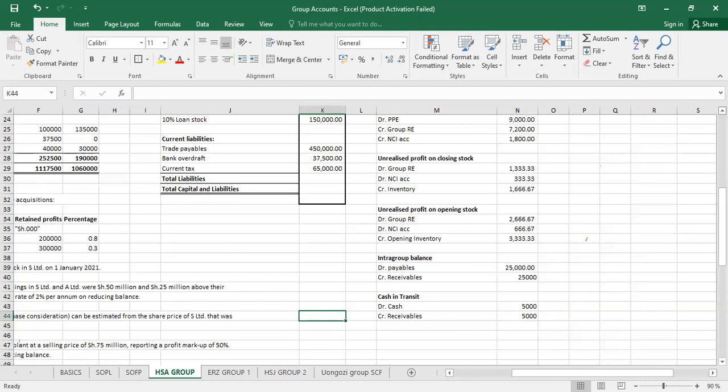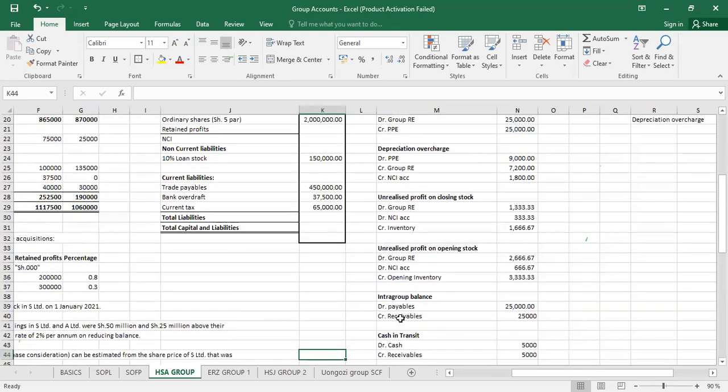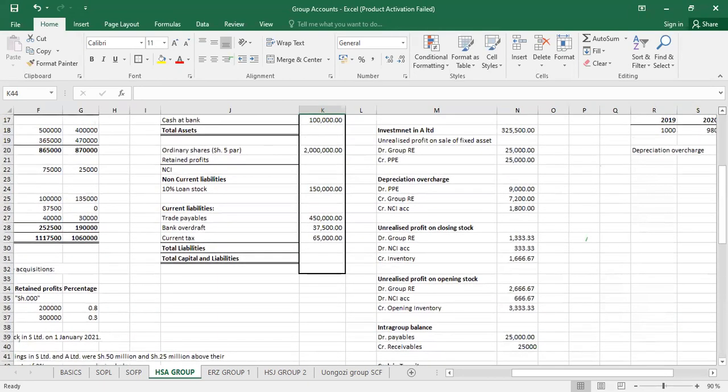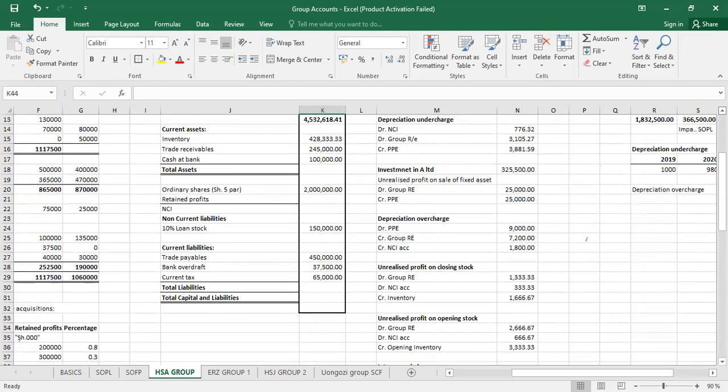So we'll adjust the payables. Payables is a liability. I told you a liability has a credit balance, isn't it? If you debit, it will be lessing. You less 25. That's why they say you less. So you less the 25. Sorry, I've added instead of less.